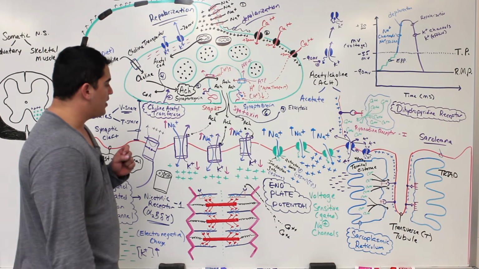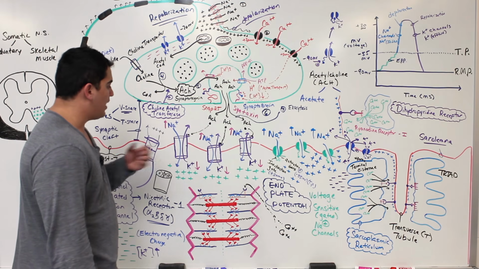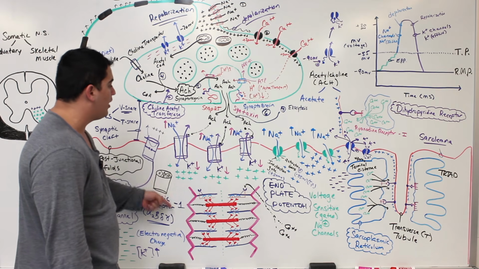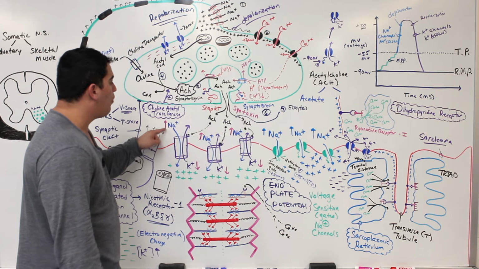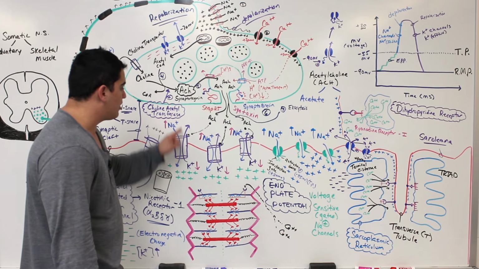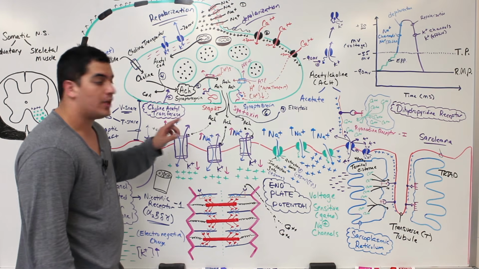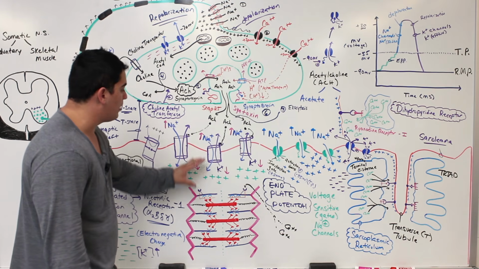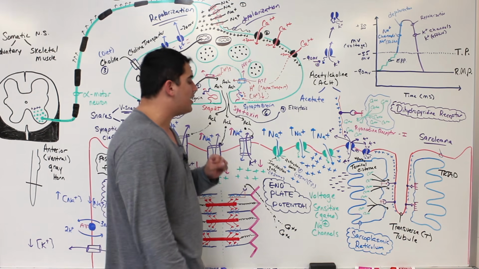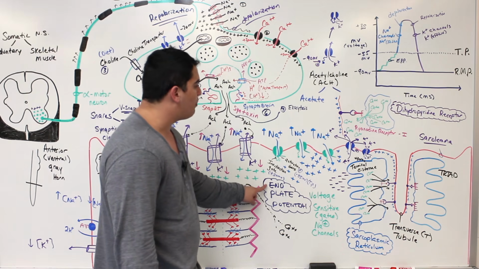Once acetylcholine binds onto this receptor, it opens up the nicotinic receptor channel, and sodium ions flow in, potassium ions flow out. But more positive sodium ions are flowing in than positive potassium ions are flowing out. Because of that, the cell is becoming a little bit more positive. As this cell becomes a little bit more positive, that develops what's called the end plate potential.